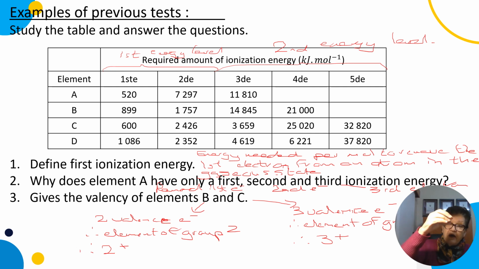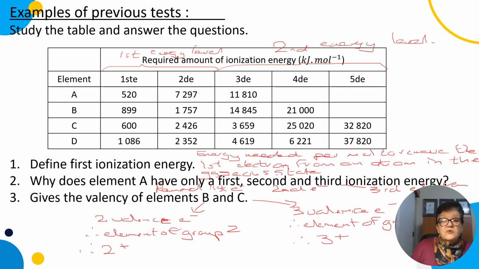And the number of protons in the nucleus remains the same, and the number of electrons becomes less. So the force of attraction on the remaining electrons is very strong, and that's why the first to the fifth or the sixth or the eighth ionization energy will always increase.